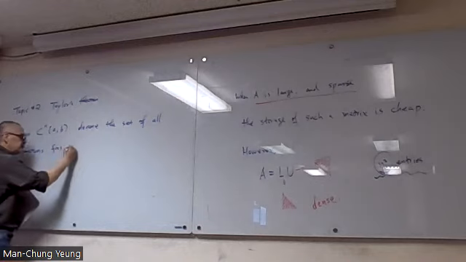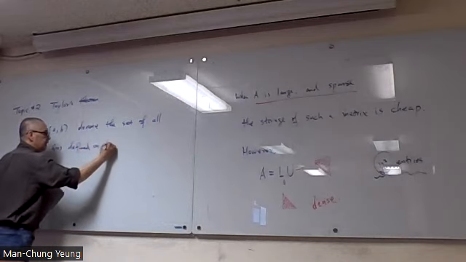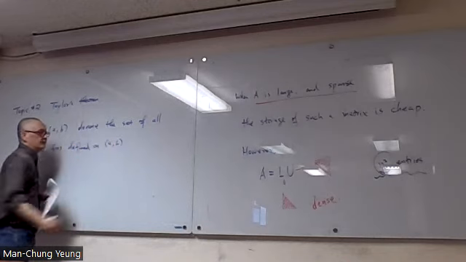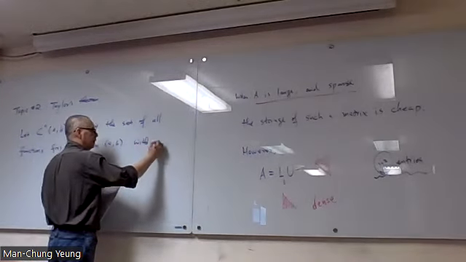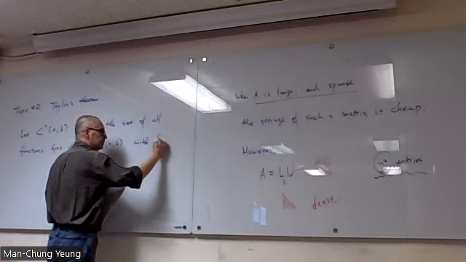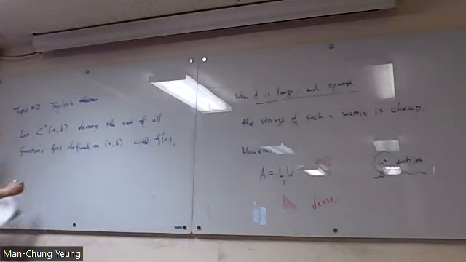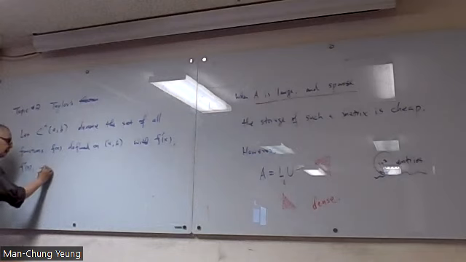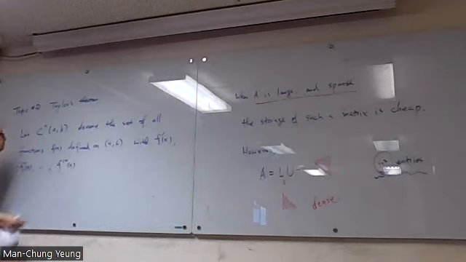Say n, f of x. These functions are defined on the open interval (a, b) with derivatives: first derivative, second derivative, third derivative, and so on until the nth derivative.